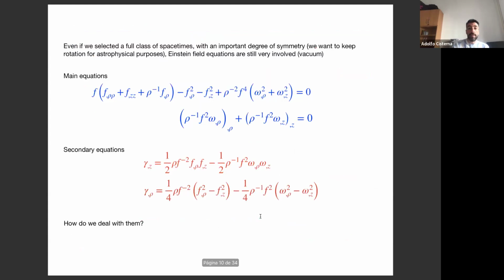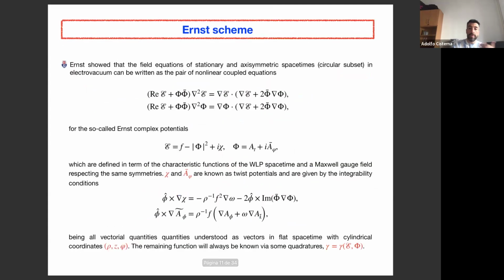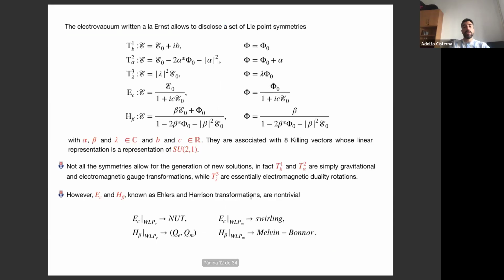The only thing that it modifies, I didn't put it just because there was no need to overcharge the notation, is that it will modify a little bit these expressions and change the twist equations, but they are known. So every time you are dealing with any of these Lie point symmetries, you might decide to act either on the electric Weyl-Papapetrou spacetime or on its magnetic version.